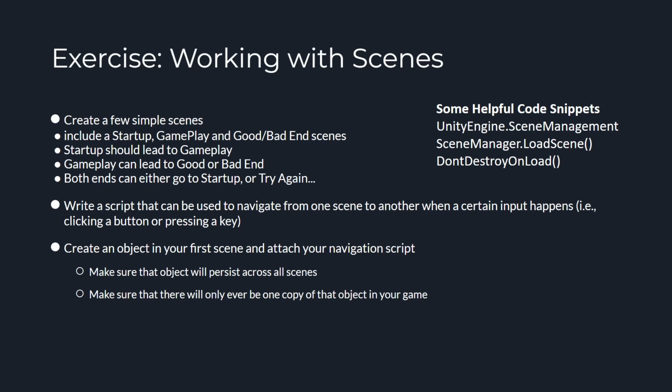Or you run situations where you're going to make sure that there will only ever be one copy of some object in your game. So if you had something where you weren't loading things asynchronously, but you're literally tearing all this down and moving on to the next one, the question before, I said, okay, I move over here, this gets torn down, and here, potentially the problem is, if the player was part of this scene, and the player moves across this boundary, the player gets torn down too, because the player is part of that scene.